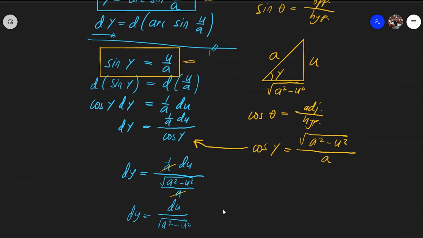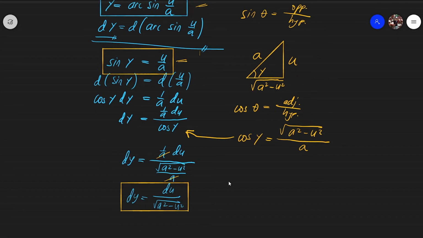Now you can equate these two equations, because dy is equal to dy, di ba?